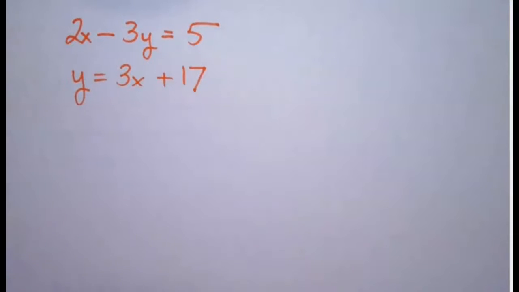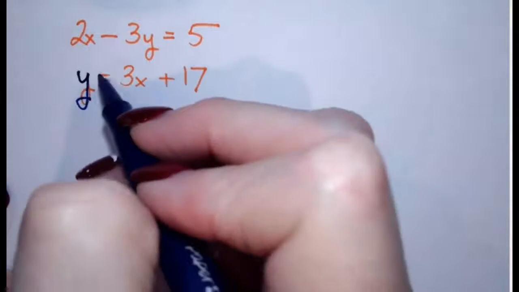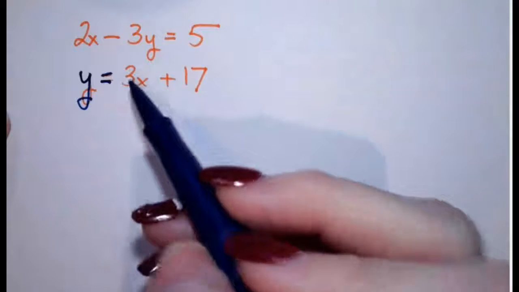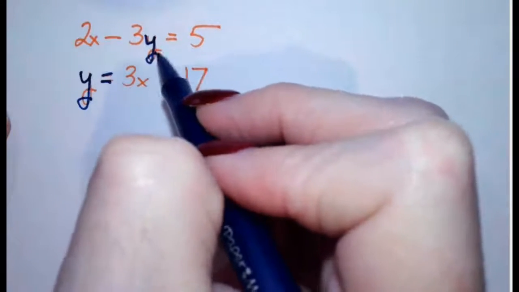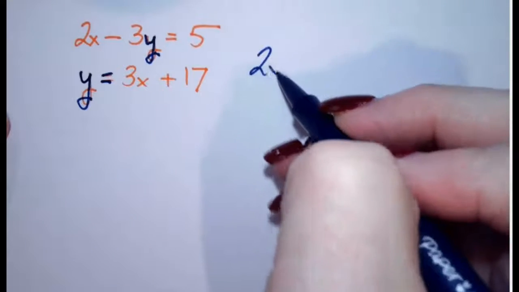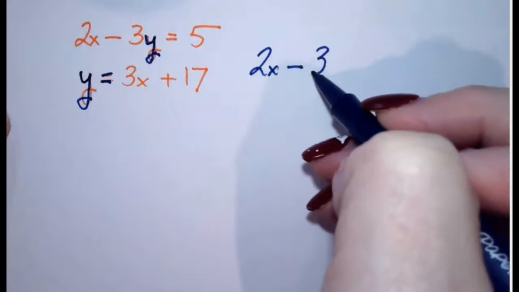All right, our third problem. Again, we see the y equals. If there were 2 of them, we would just go to Desmos and graph it. There's not 2 of them, so let's substitute in for this y right there. So I'll start my new equation, 2x minus 3.